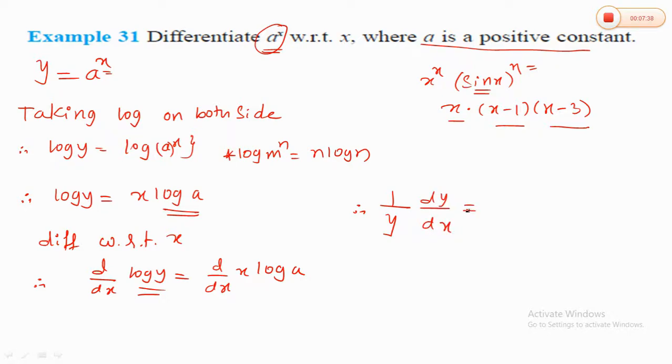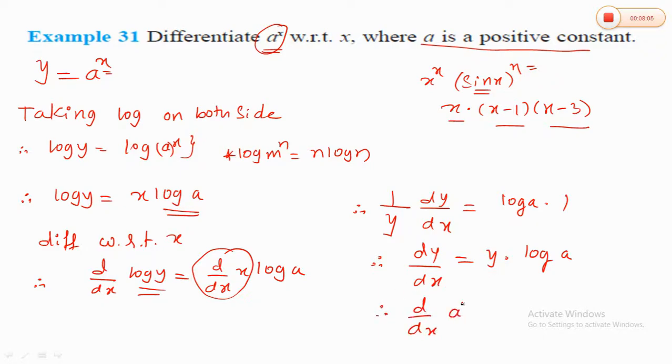This equals log a, a constant, times d/dx of x, and the derivative of x is equal to 1. Rewriting, dy upon dx is equal to y into log a. Now resubstitute the value of y. Since y is given as a raised to x, d/dx of a raised to x equals a raised to x log a.